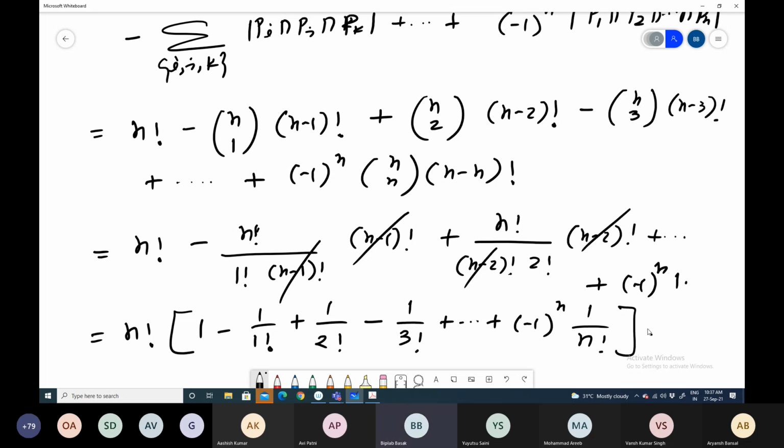This is called the number of derangements of n elements.